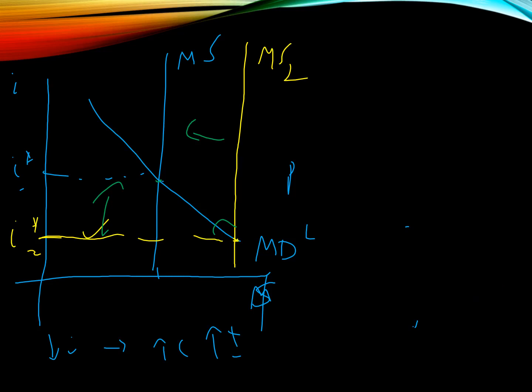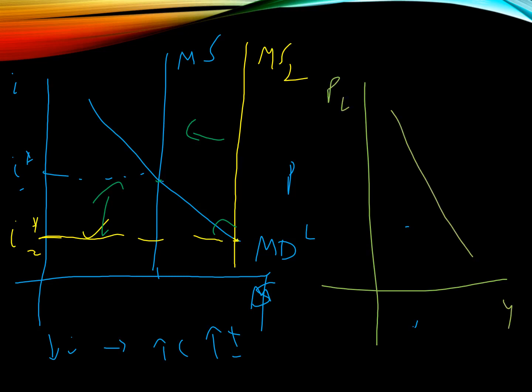So we have aggregate demand here, short run aggregate supply here, and we have our long run aggregate supply curve here.